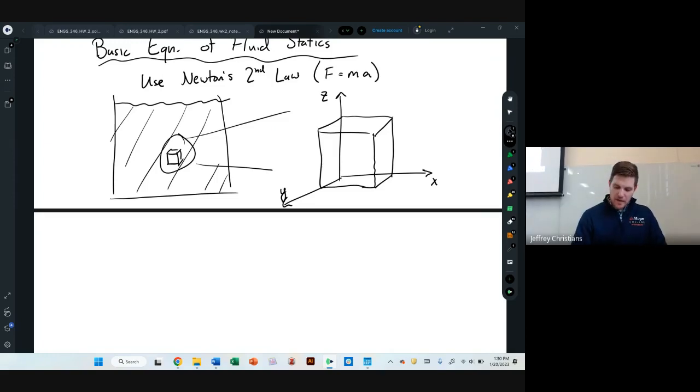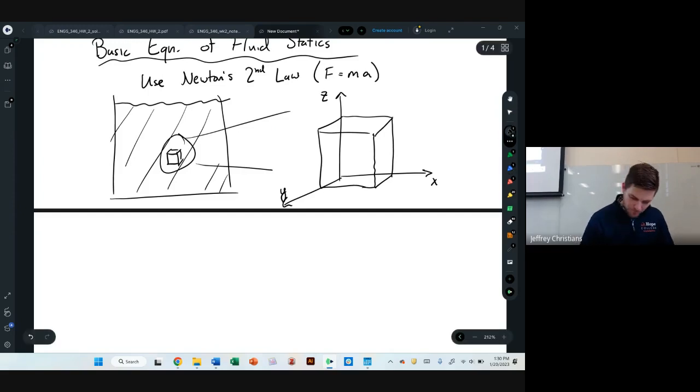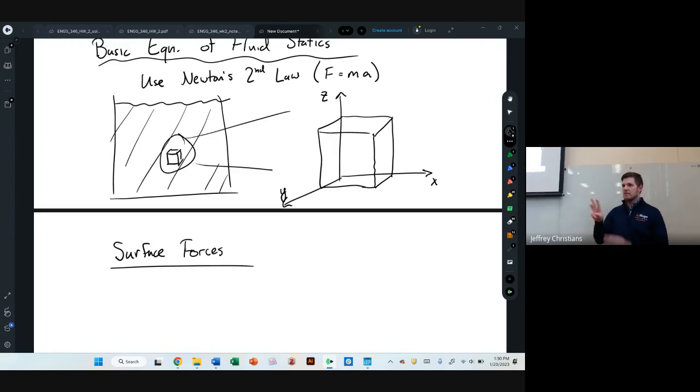Okay, and we're going to ask basically what forces are acting on this little chunk of fluid. There are two types of forces: surface forces and body forces.